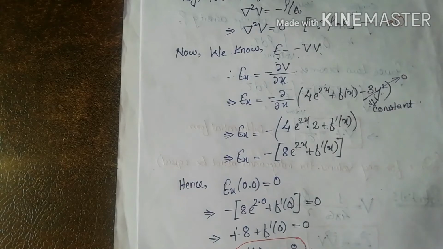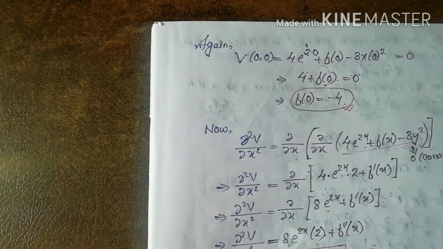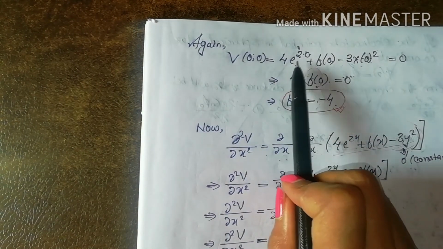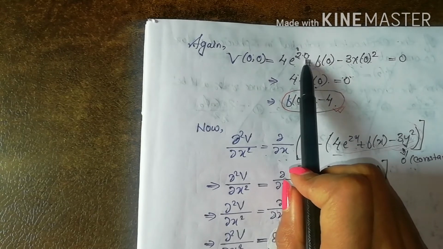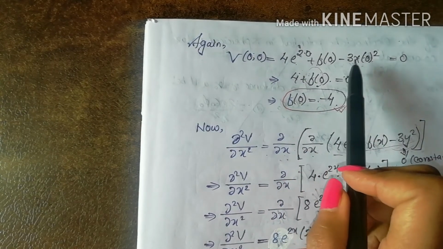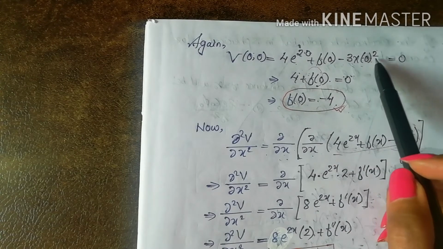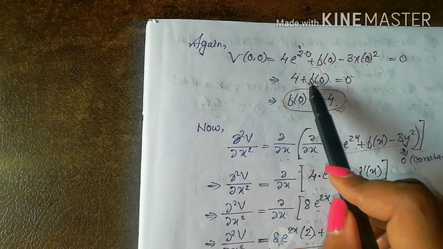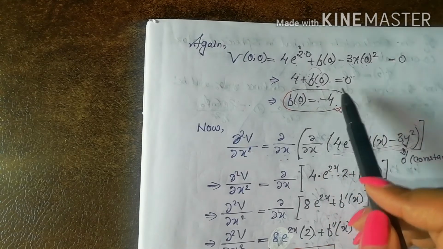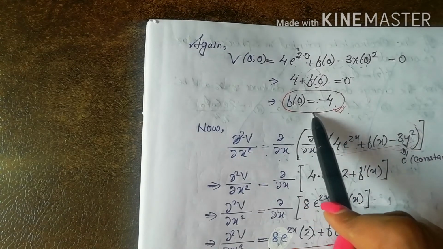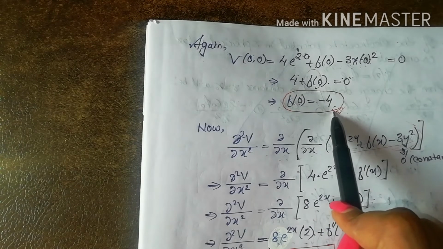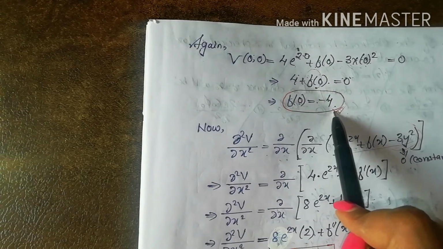Now we will find the potential V at the origin. V is 4e^(2 into 0) plus f(0) minus 3 into 0 squared, because it was y squared. Finally we have 4 plus f(0) equals 0, that means f(0) is equal to minus 4. We got the values of f prime 0 and f(0), which we will use later on.